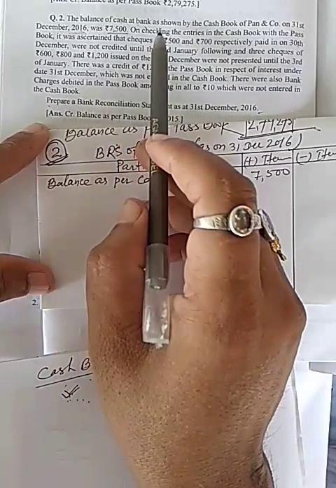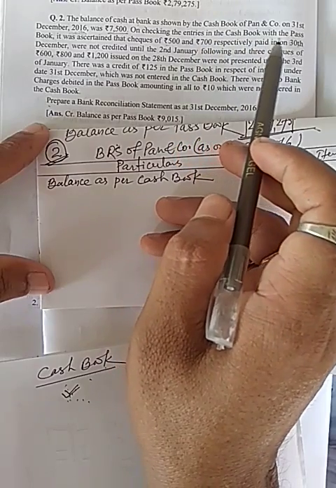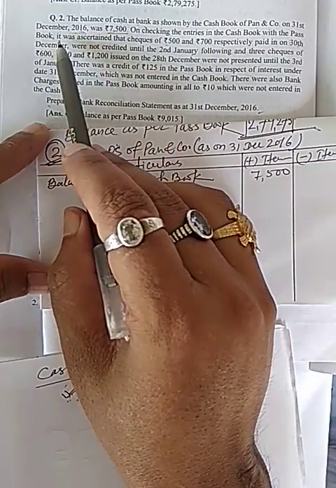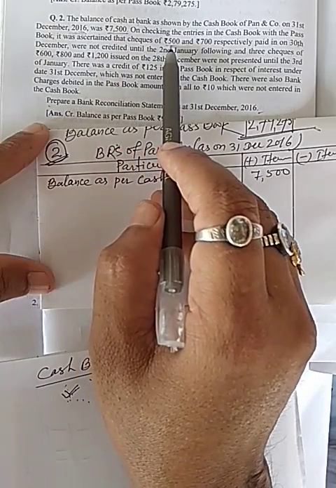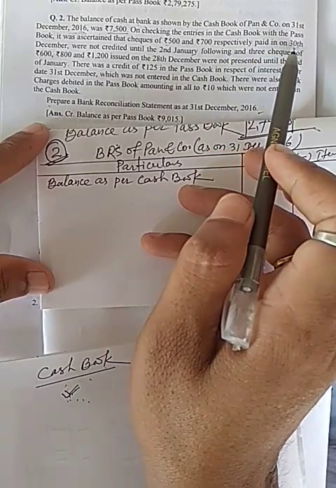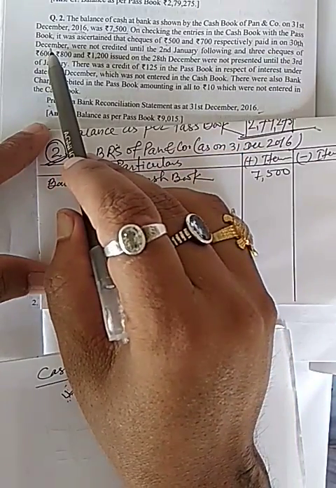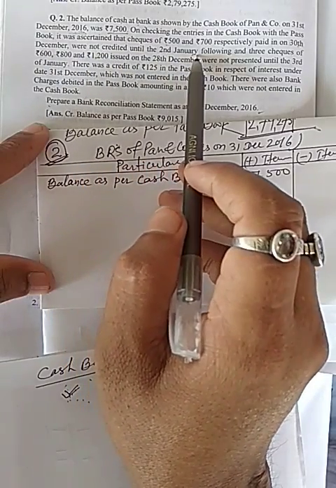Now the question is saying on checking the entries in the cash book with the passbook, it was ascertained that checks of 500 and 700 respectively paid on 30th December were not credited until the 2nd January.